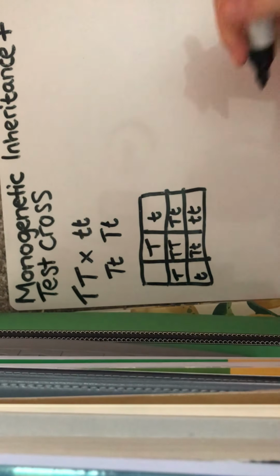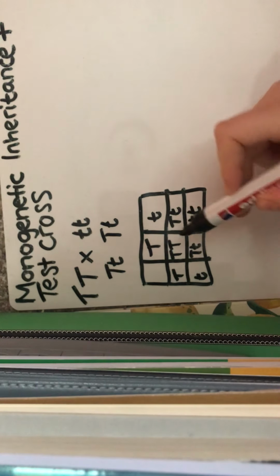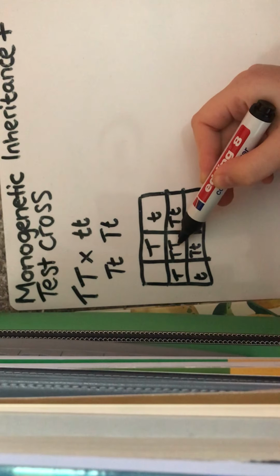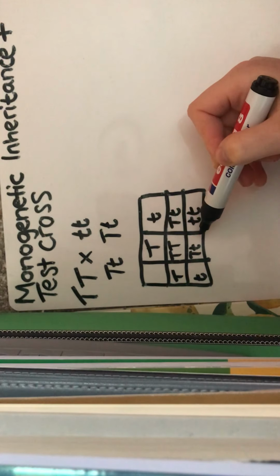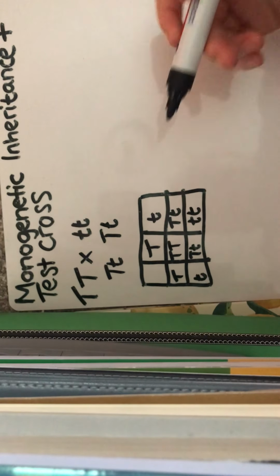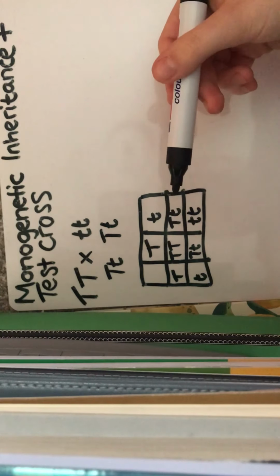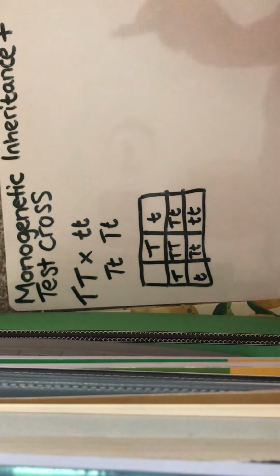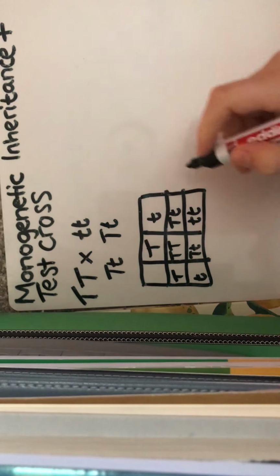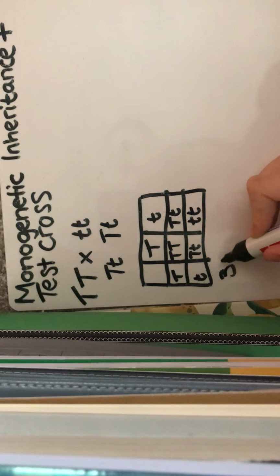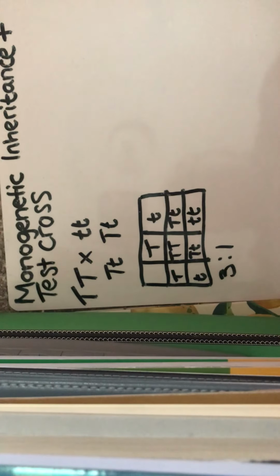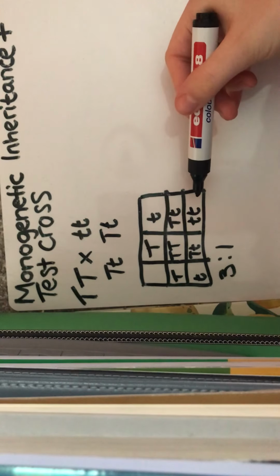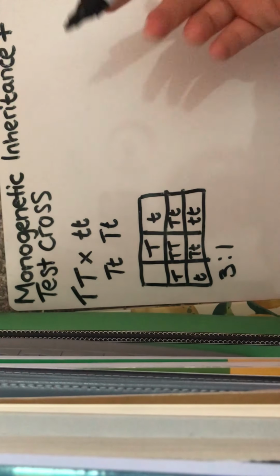Here we can see that these three would all be tall. 25% would be homozygous dominant, 50% would be heterozygous, and 25% would be homozygous recessive. So we put this in a ratio, 3:1, because we've got 3 individuals showing the dominant trait, and only one showing the recessive trait of being short-stemmed.